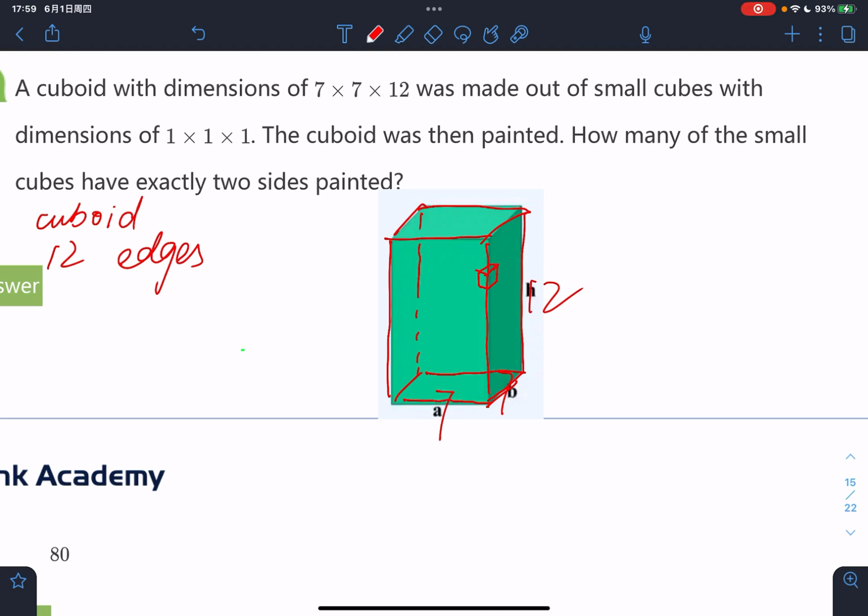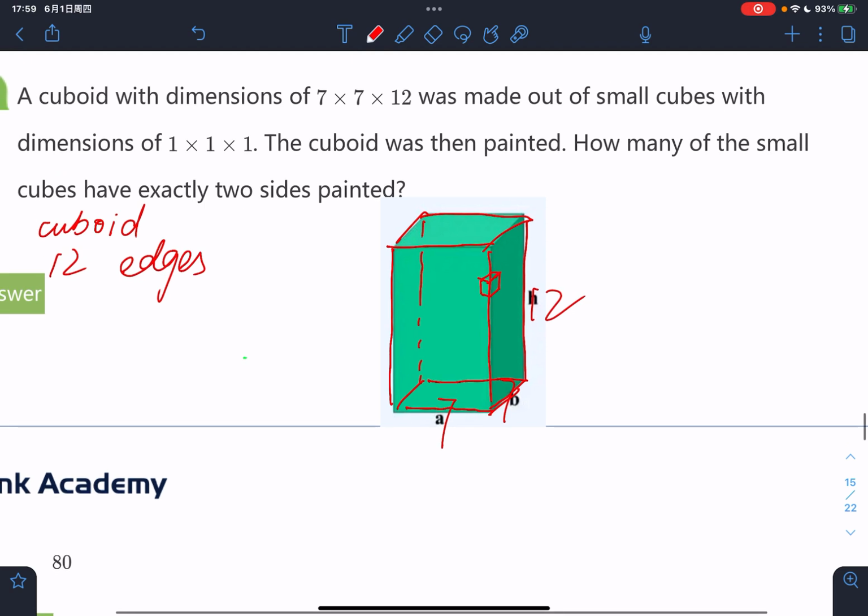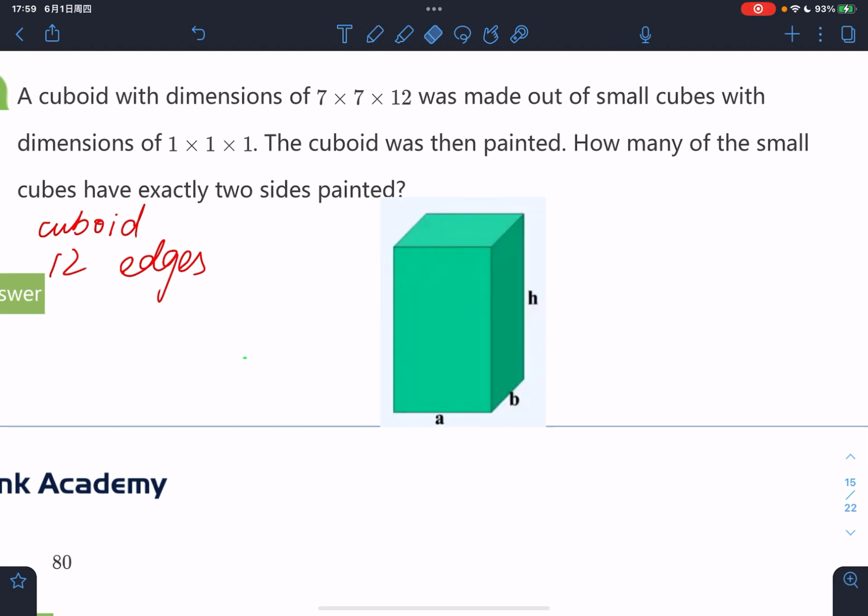On each of the 4 long edges, which have 12 units, there are 12 take away 2, which is 10 such cubes, because we subtract the 2 corner cubes at the ends of the edges, right?